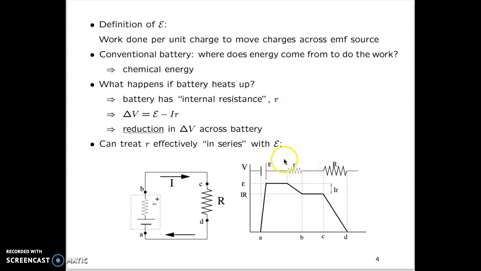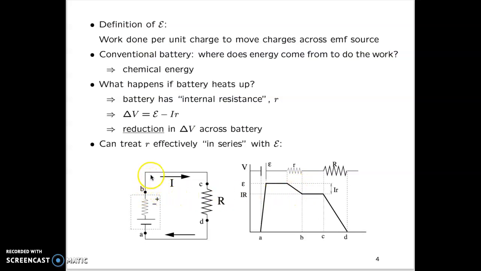So the electric potential decreases from the left side to the right side as we move across it. It decreases by the current times the resistance. That's this drop in the electric potential across the internal resistor.